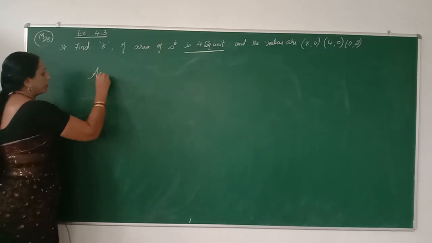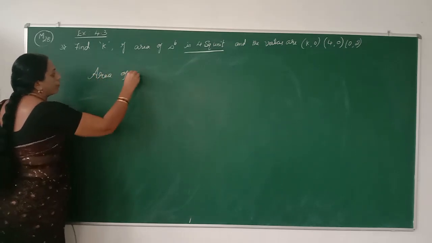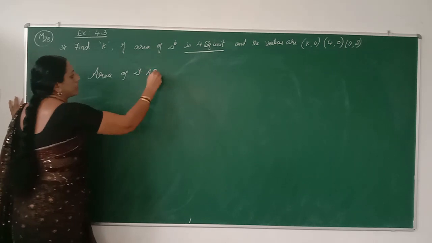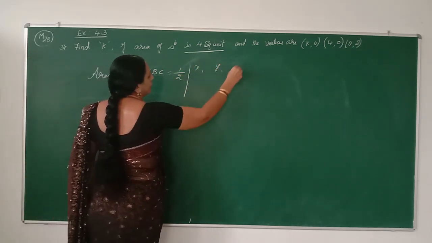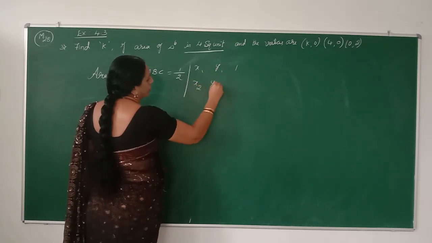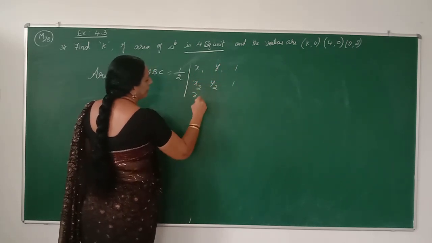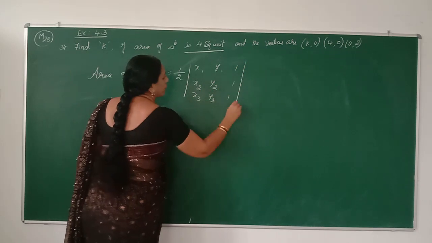Therefore first we consider the area of triangle ABC equals half of the determinant x1 y1 1, x2 y2 1, x3 y3 1.